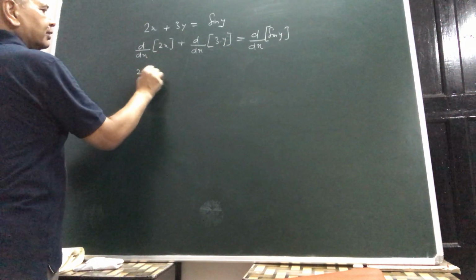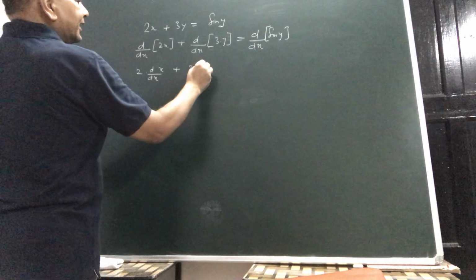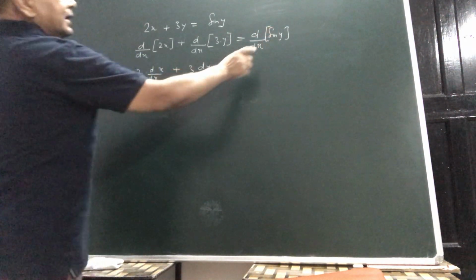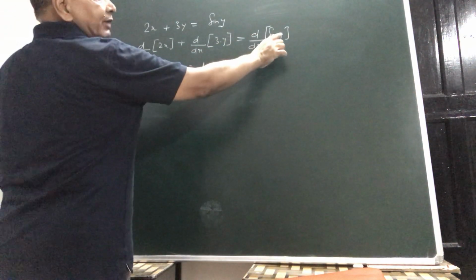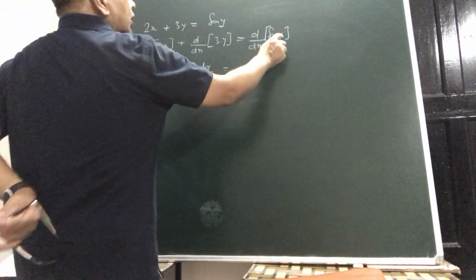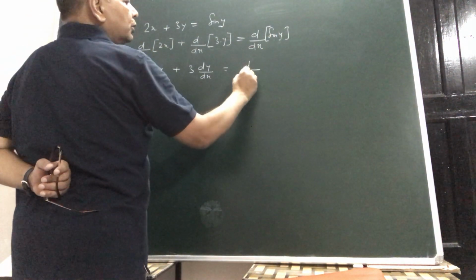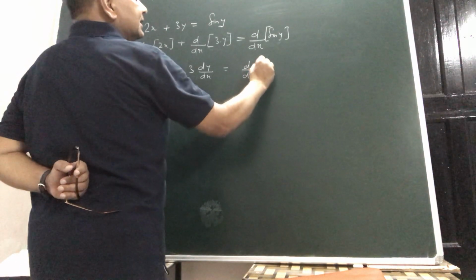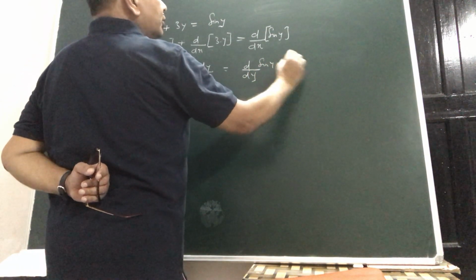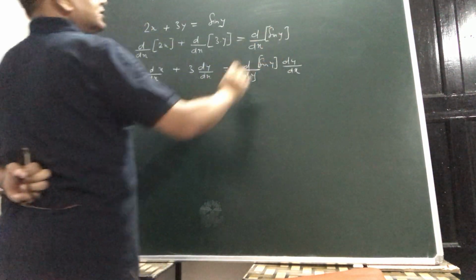Here you can take the constant out and write dy by dx. And here this is a function of a function. You will invoke the chain rule formula because you are assuming y to be a function of x. So you will write d upon dy of sine y into dy by dx, because you take this y as the internal function.